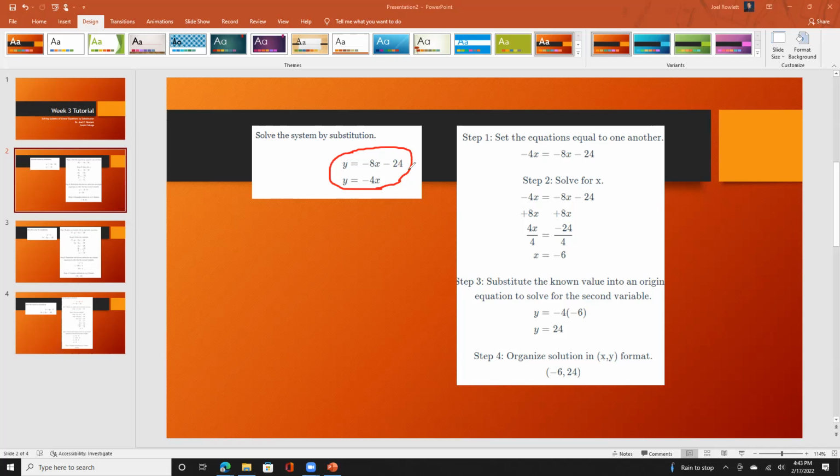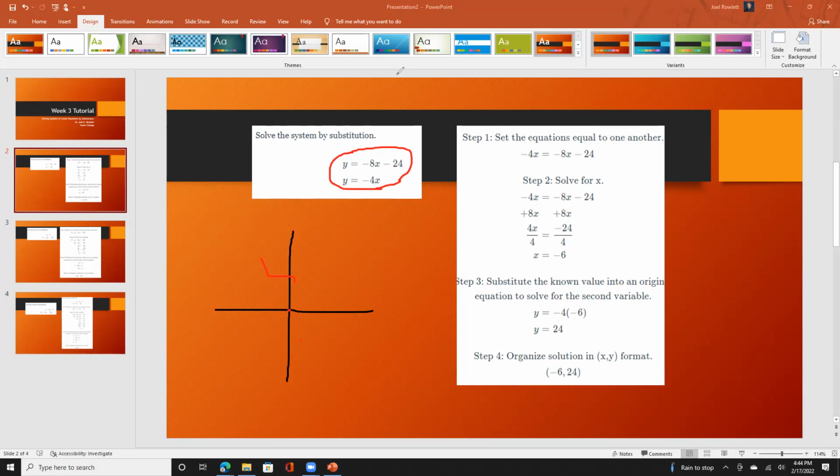But if we wanted to think about solving by graphing, I'm just going to do a quick sketch here. If I were to graph y is equal to negative 4x, that would be a line that goes through 0, 0 and has a slope of negative 4. So if I were to go down 4 and over 1, it might look something like this.